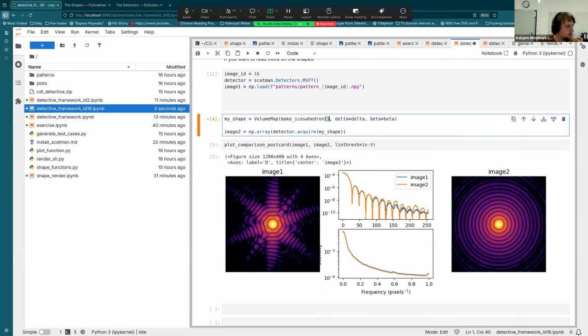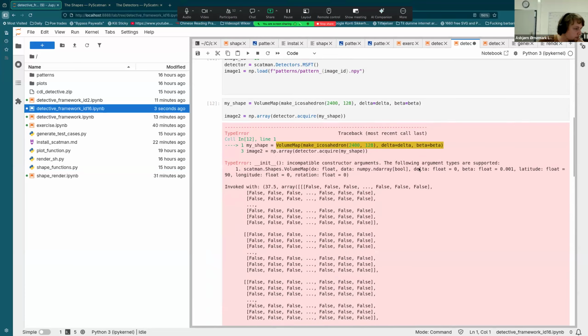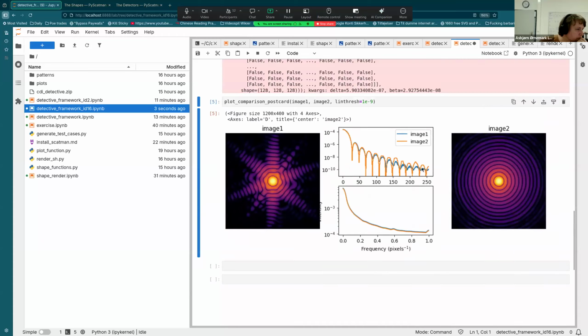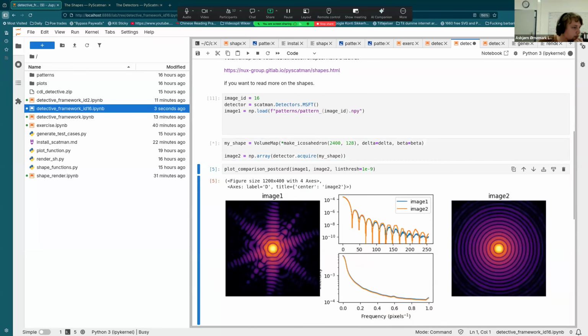There's probably something wrong because it's not letting me tab complete this. But anyways, we need to add a little star.